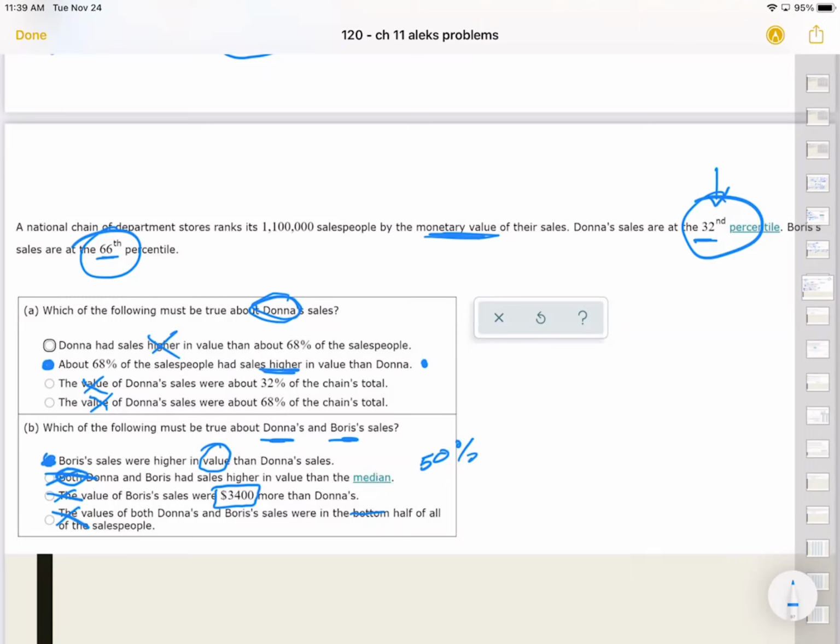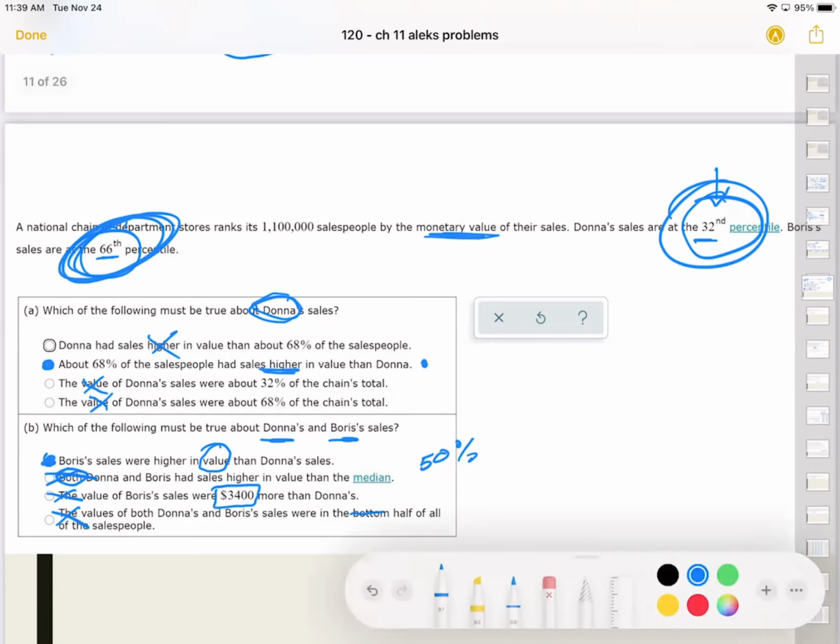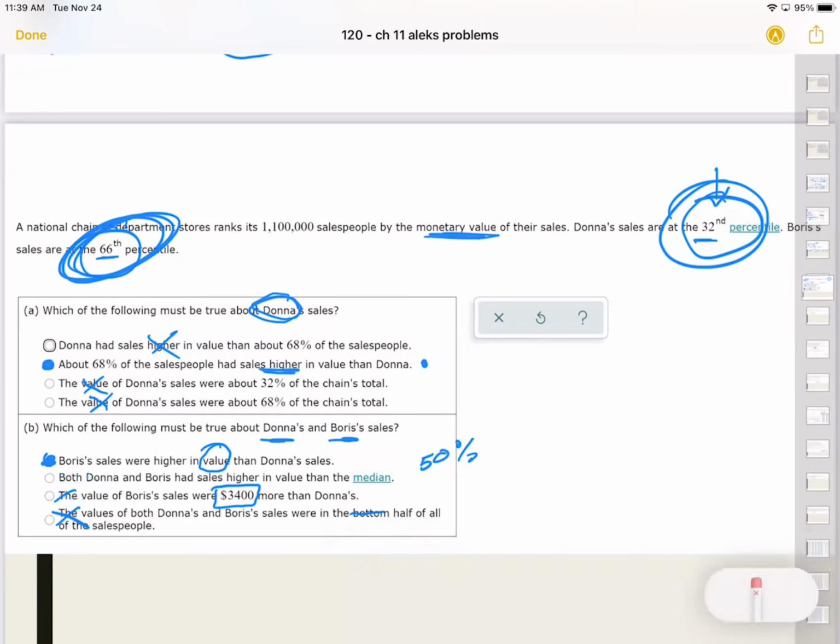But we know that because the percentile is higher, they must do some extra more sales than the other one. Okay, and again, this one basically asks you, can you eliminate or can you dictate or identify the result, how to interpret your data, how to interpret the information that was presented to you guys.